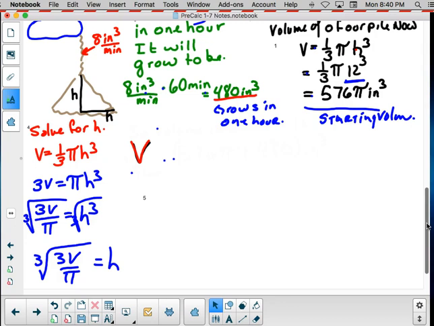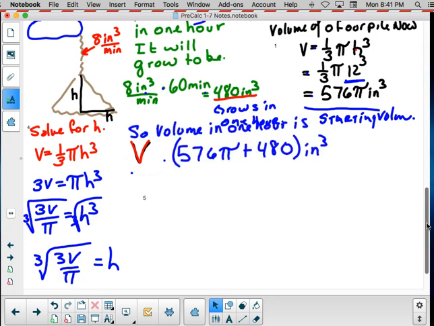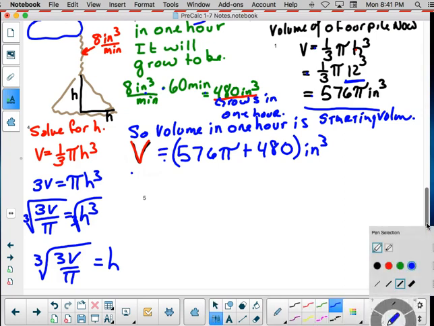Now, in 1 hour's time, how much volume do I have? So the total volume in 1 hour is 576 pi plus 480, and that's what it's equal to here. That's my volume. I'm just going to add those two together.